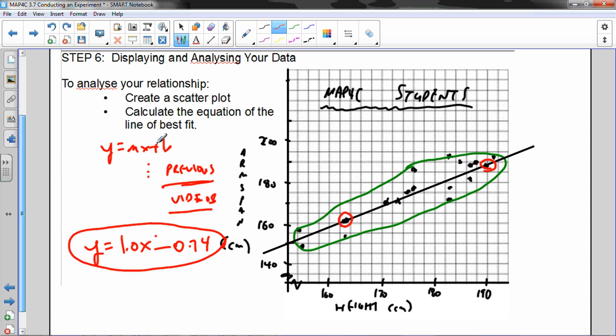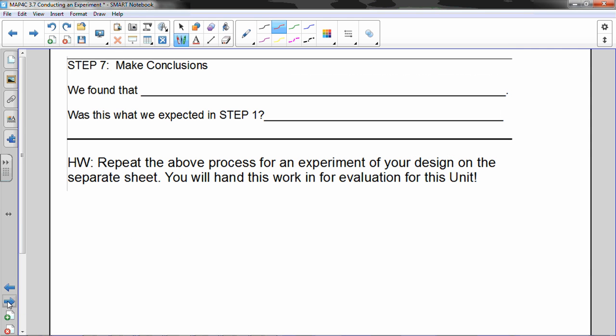And there's our analysis. And we've been practicing this all chapter. So what did we find? We found that as height increases, arm span increases. Right?